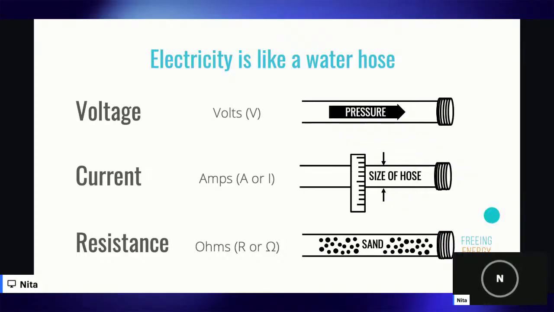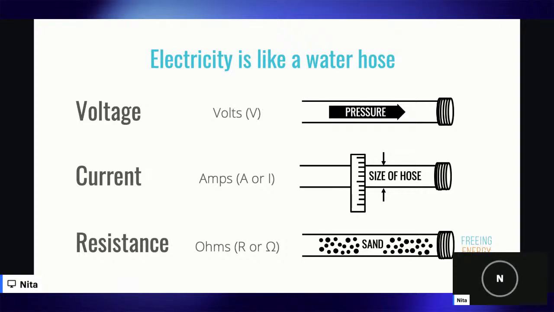And then last is resistance. Resistance is anything that slows down or opposes the flow of electricity in a circuit. The higher the resistance, the harder it is for electricity to flow. It is measured in ohms.